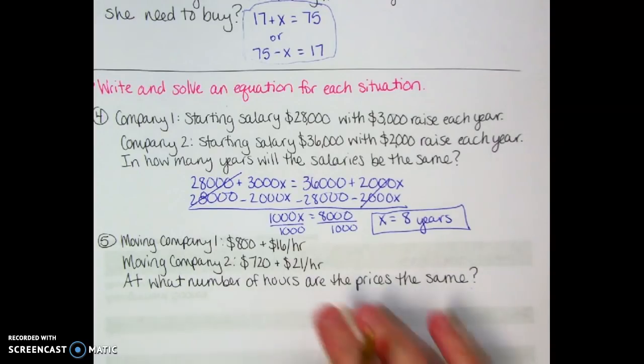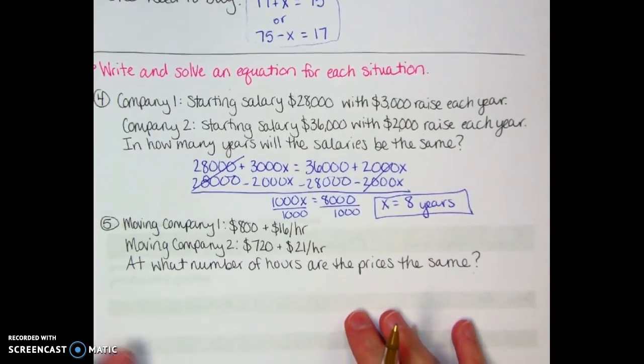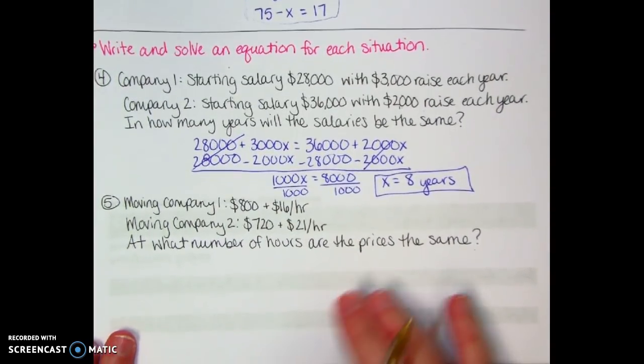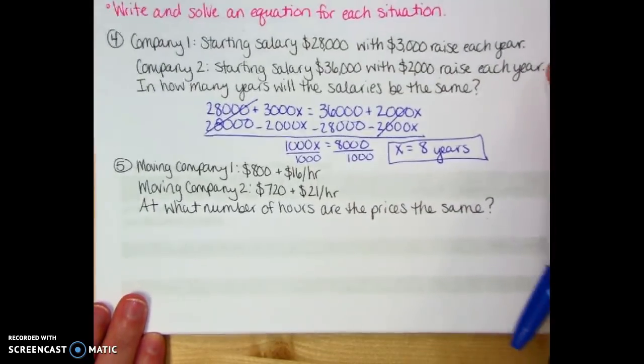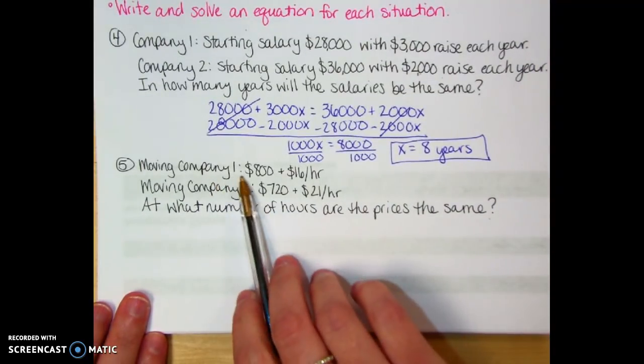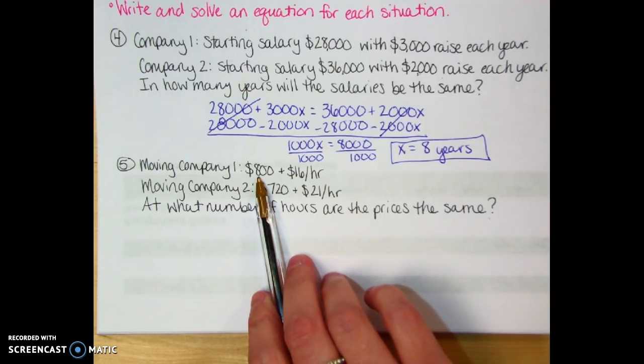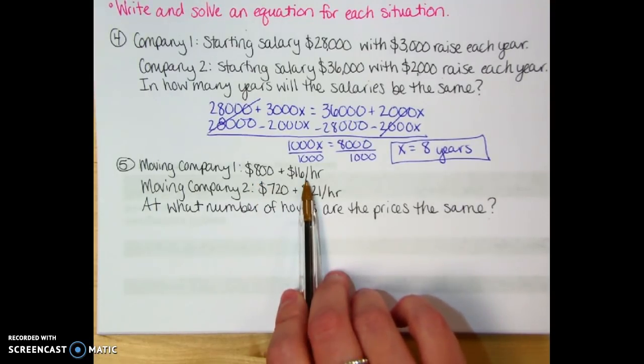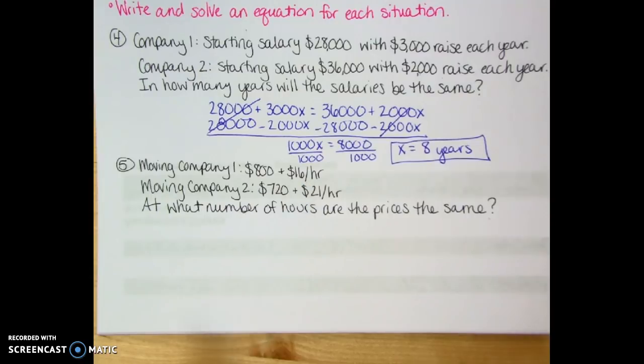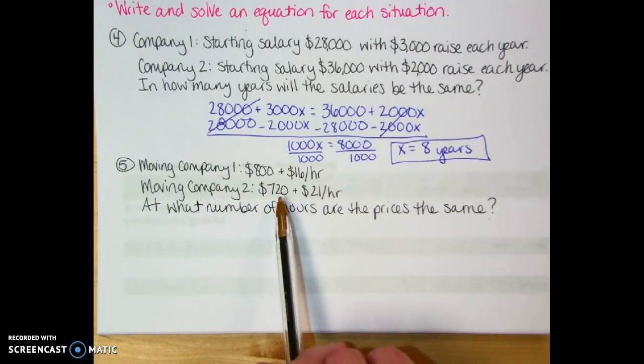Okay, one more. This one is about a moving company. So moving company 1 charges $800 just as its initial fee, and then $16 an hour after that. The other moving company charges $720 just to come out and get your furniture and whatnot.